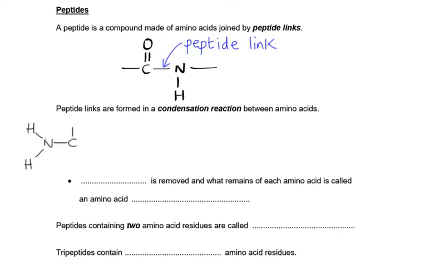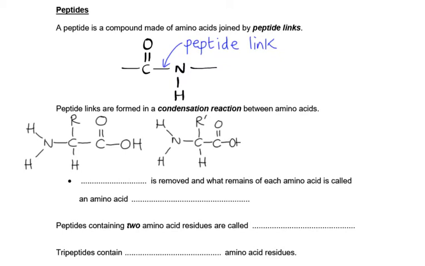We're going to take our variable R group there, and we're going to have a Q group here, like that. And then we're going to have a second amino acid with a different R group, dash, and the Q group. If we put those two together, we could make a dipeptide.